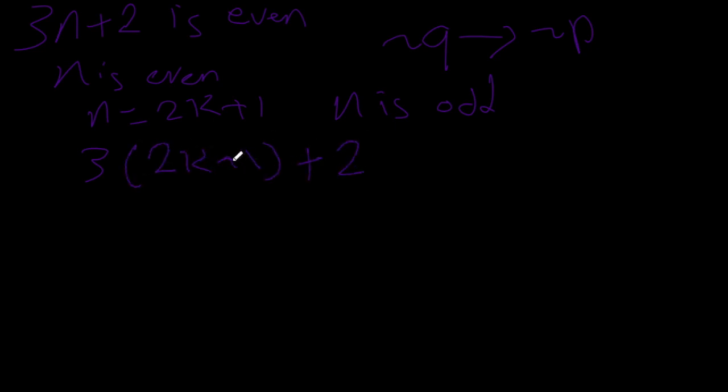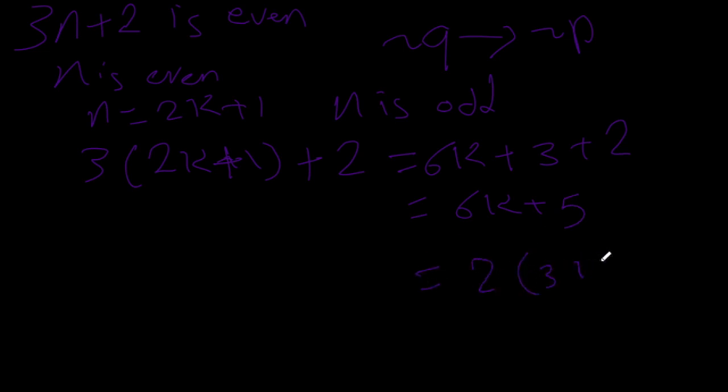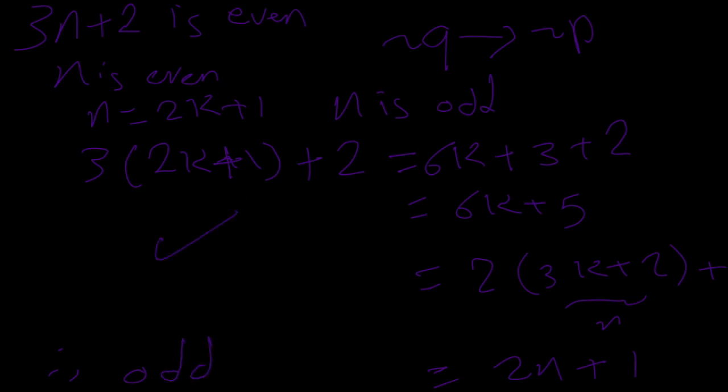So we'll have n equal to 2k plus 1, put the value of n, 3 times 2k plus 1 plus 2, and this equals 6k plus 3 plus 2, which equals 6k plus 5. Now this could be rewritten by taking the 2 out, 2 times 3k plus 2 plus 1. And if you call this n, you will end up with the equation 2n plus 1, and this is an odd number based on the definition that we took in the previous slides.